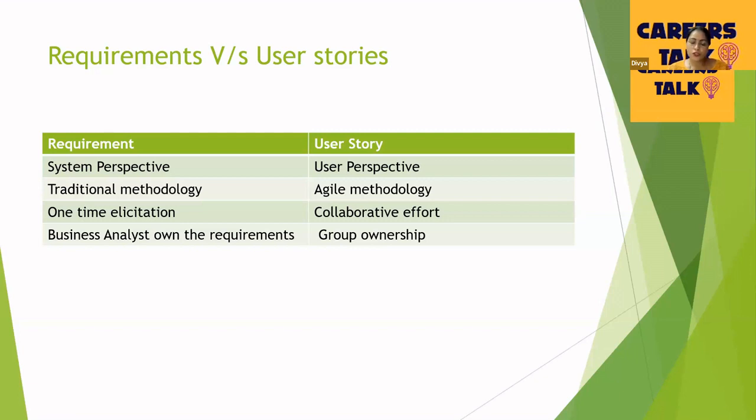In traditional approaches, we used to have 2 months of time for that, using various elicitation techniques and gathering the requirements and freezing them at once, saying that these are the requirements that we are going to develop, and we are going to deliver the feature to the customer after 3 or 4 months. This was a one-time elicitation technique.